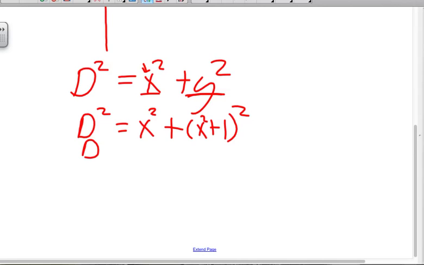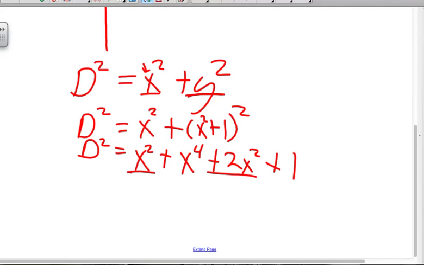Okay, let's go ahead and expand this out. x squared plus x to the 4th plus 2x squared plus 1. Combine my like terms. So D squared is going to equal x to the 4th plus 3x squared plus 1.